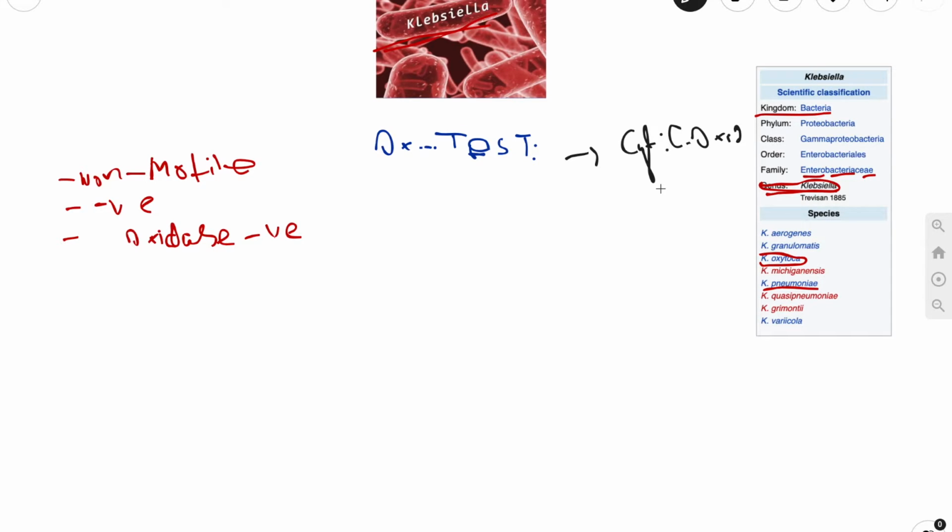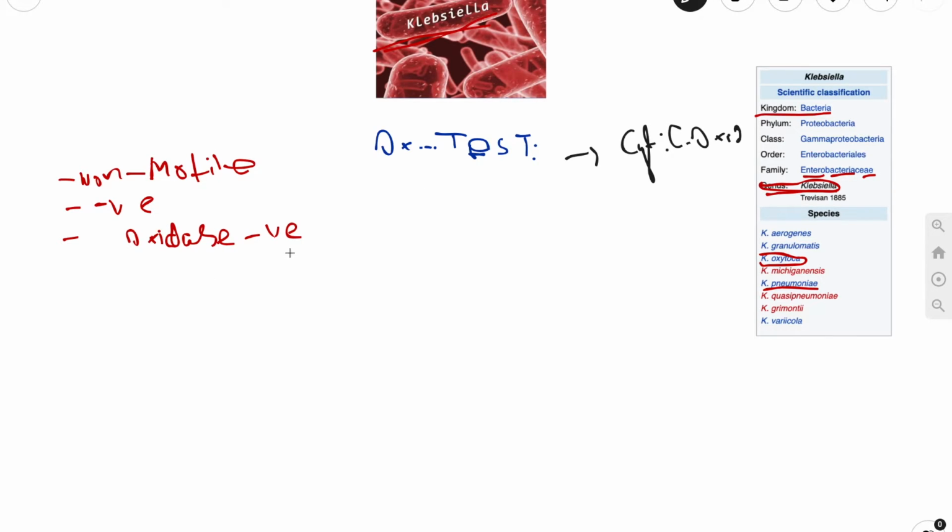All bacteria that are oxidase positive are aerobic and can use oxygen as a terminal electron acceptor in respiration. Klebsiella is oxidase negative, which means it does not produce the enzyme cytochrome C oxidase.